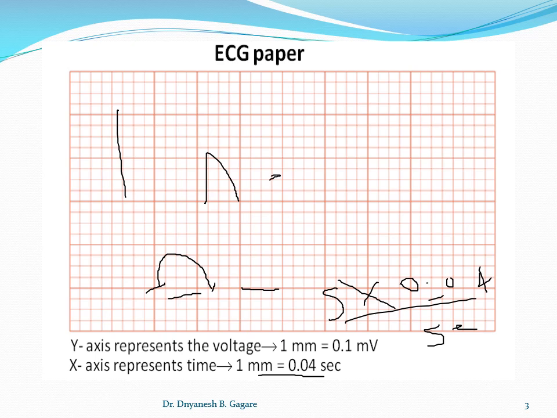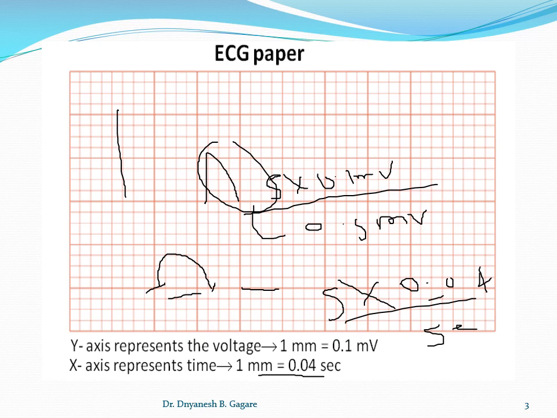Then 5 millimeter is equal to 5 into 0.1 millivolt, and that will be the voltage of the wave. The voltage of the wave is in millivolt. So for example, here it is 0.5 millivolt. What is the voltage of this wave? The voltage is 0.5 millivolt. So this is the scale on the ECG paper.